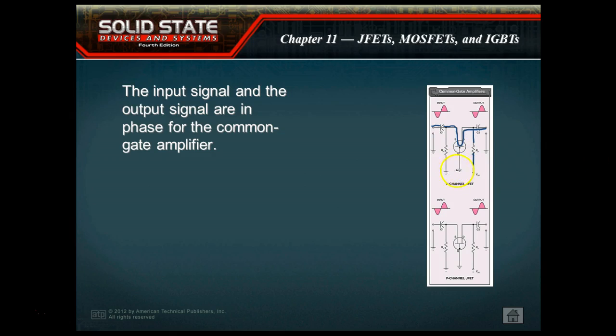So this guy here has a current gain of 1. It works basically the same thing, but we input on the source and output on the drain. On a common base BJT amplifier, we input on the emitter and we output on the collector. On a common gate amplifier, we input on the source and output on the drain.